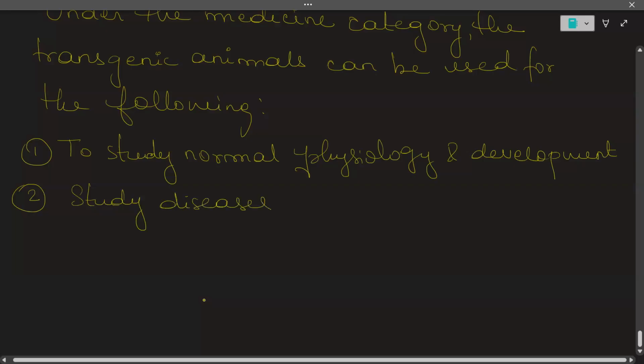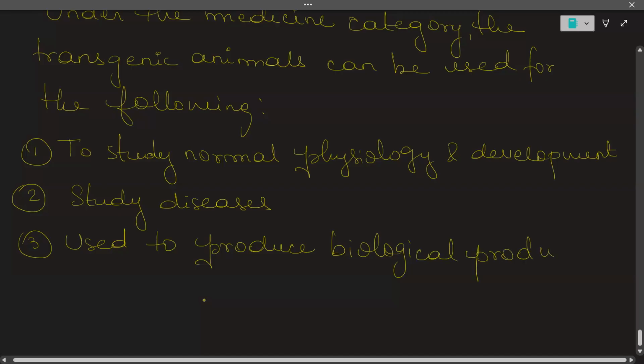Various disease models, like I told you. Then they can be used to produce biological products. Now, what are the biological products?